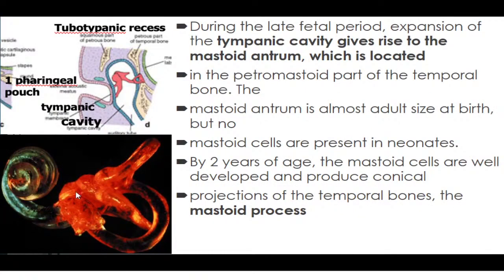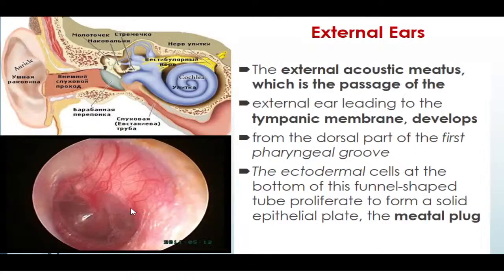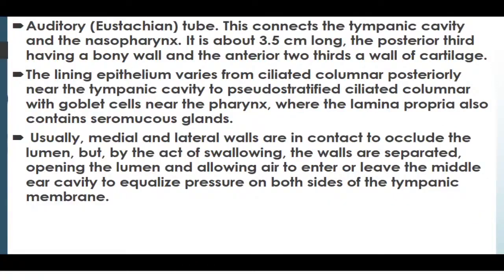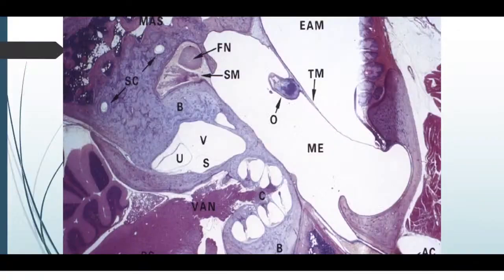Well, and now talking again about the structure of incus, malleus, and stapes, and very fast again the cochlea and semicircular canals and utricle. Also we have seen the external ear, and maybe only two last pictures which we have to study. This is the external auditory meatus, the tympanic membrane, and one of the ossicles is visible here.